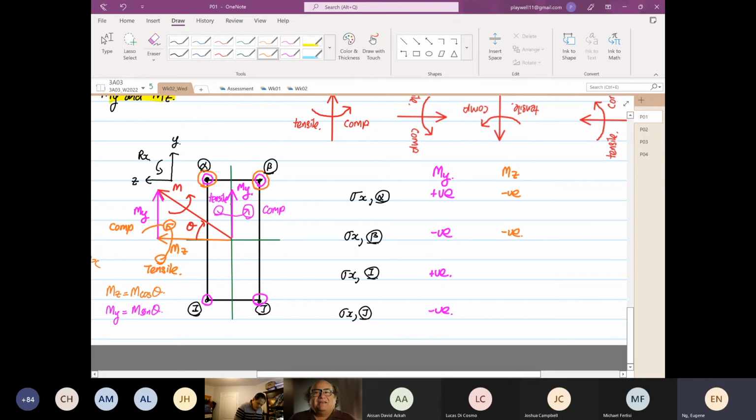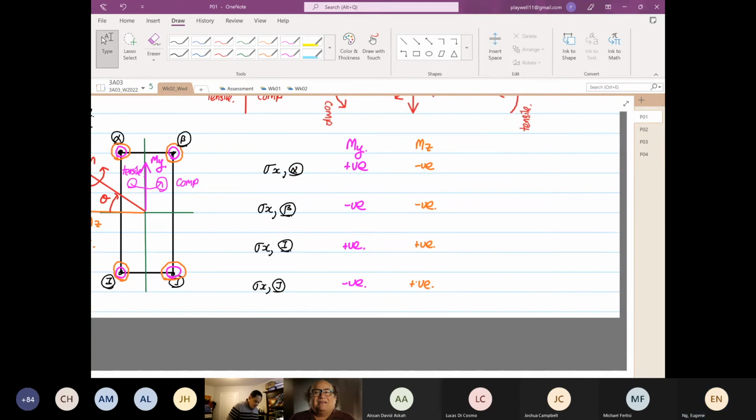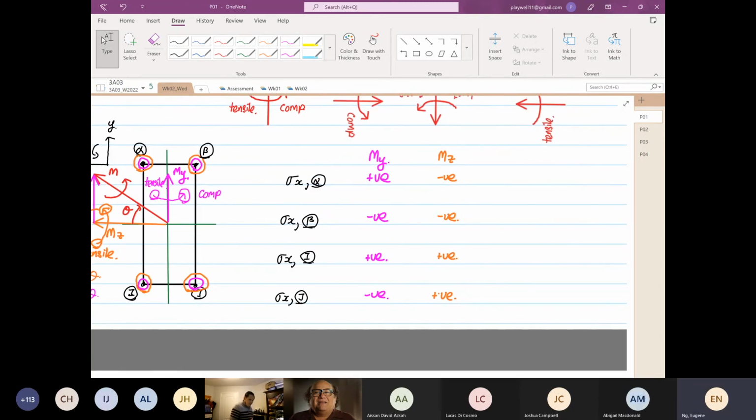Then at point I, where I'm circling the I now, MZ is in tensile, and at J, MZ is in tensile. So what you see from here is stress X at beta will have the maximum compression.